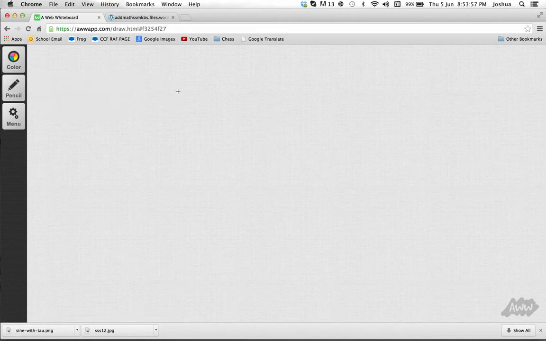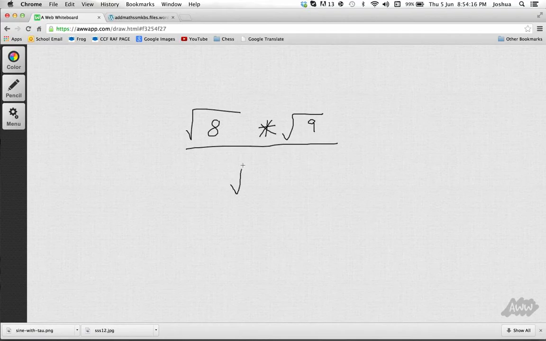So suppose you had the square root of 8, and you might be asked to multiply it by the square root of 9, and then divide it all, let's say, by the square root of 12.